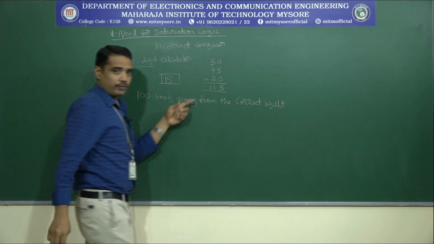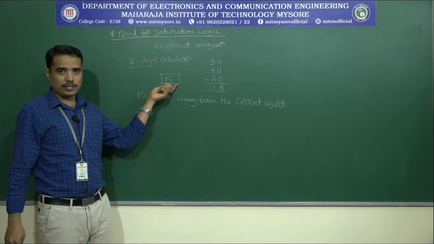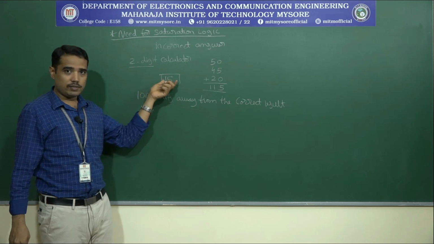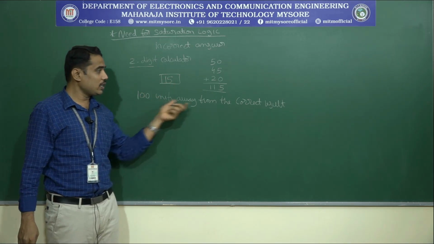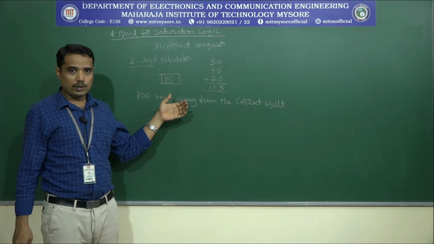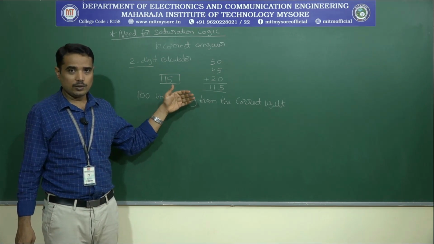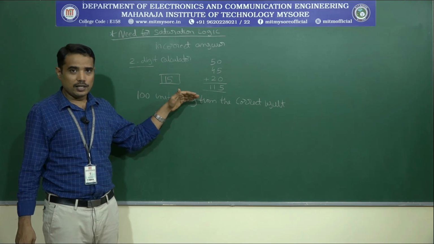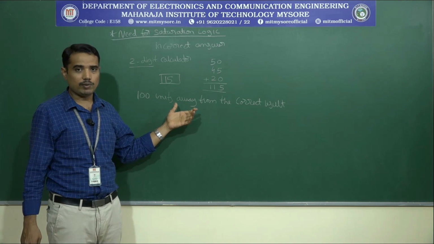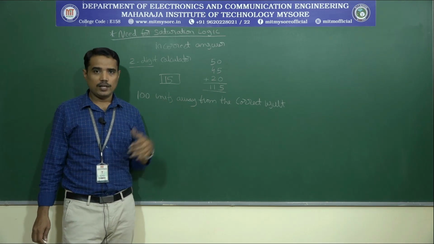First of all, the answer we have got is 15. It is incorrect, and that answer 15 is 100 units away from the correct result. So in order to overcome this, or to minimize the incorrectness in the result, you have to adopt the concept of saturation.